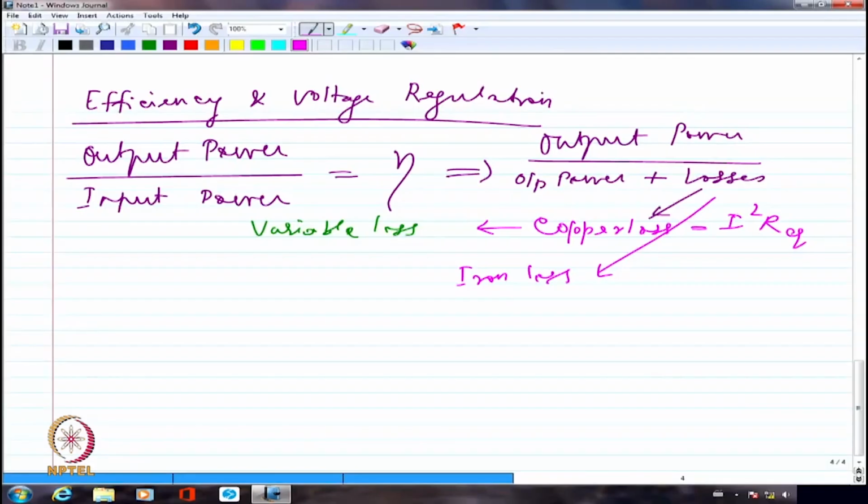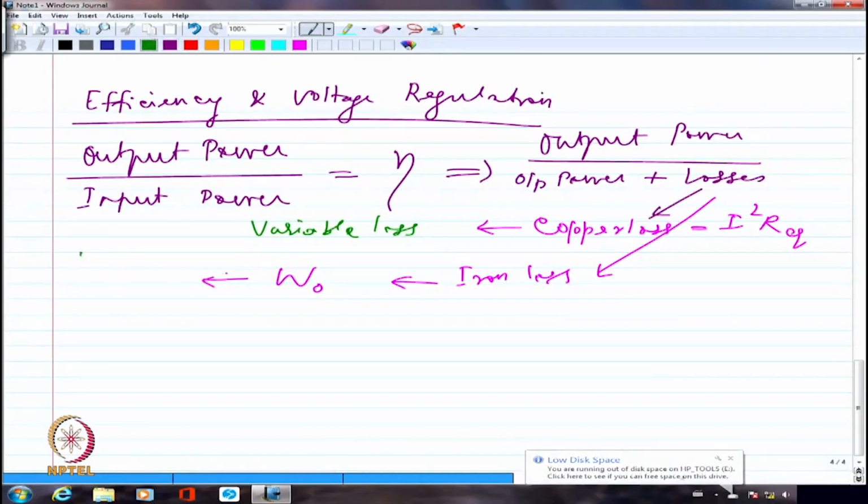I can also say this will be equal to hysteresis loss plus eddy current loss, or I can say this is W0, what I got in the no load test. I applied rated voltage at rated frequency, so hopefully the flux is at rated value. If the flux is at rated value, I should be able to get whatever is the loss as the iron loss. So this is actually the constant loss.